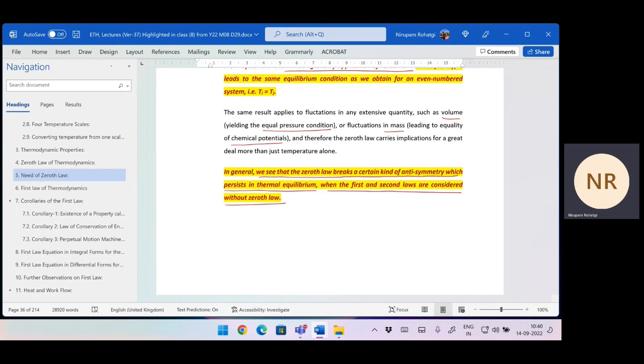And that is why people take it just like that: okay, TA is equal to TC, TB is equal to TC, so TA is equal to TB, so this is the zeroth law and that's all. No, it's not that. Okay, have you got the point? So even when you have not understood it, at least you can understand this much, that there is something more to it.